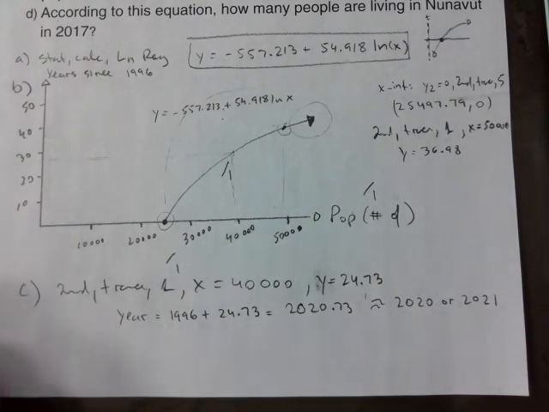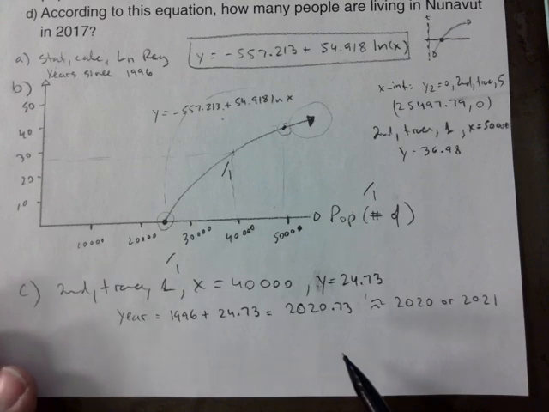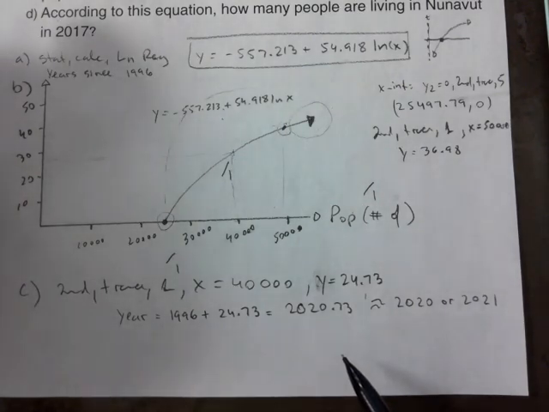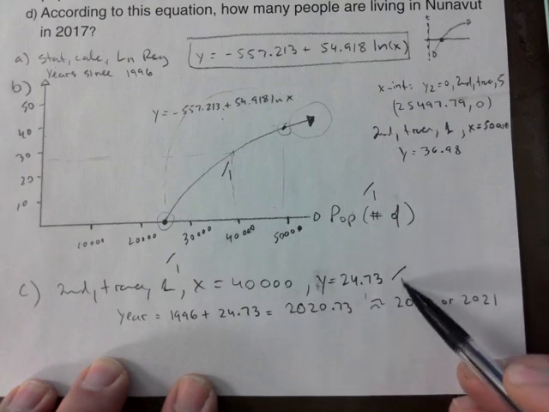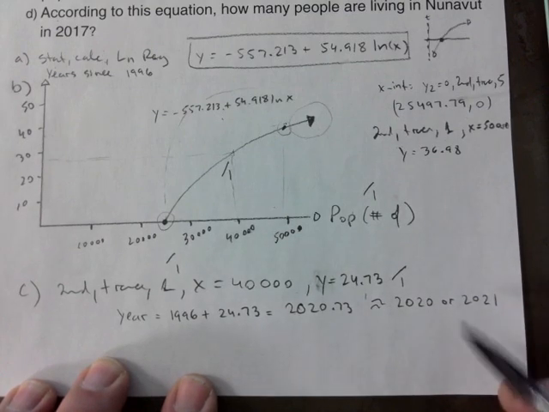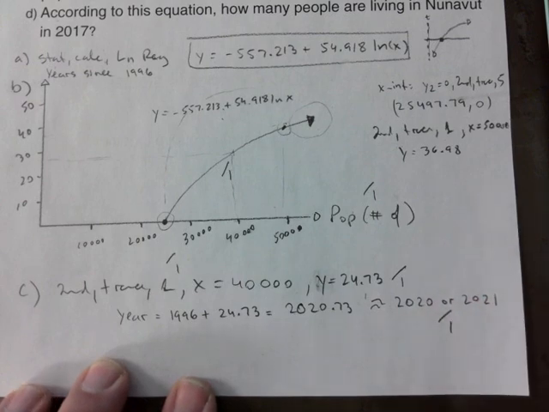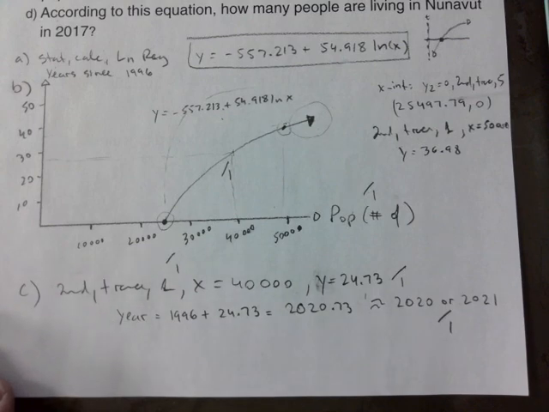Okay. So I'm going to make this one, how many marks is this? I would make this worth 2 marks. So if you get the 24.73, you get a mark. And if you actually went further and came up with the year, you get another mark. Okay?